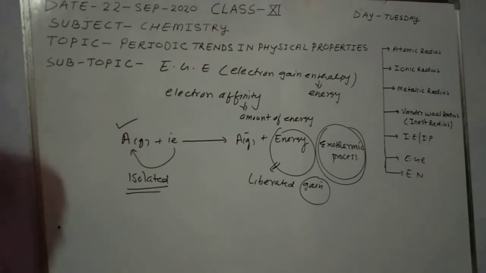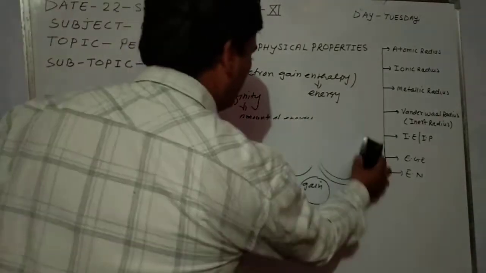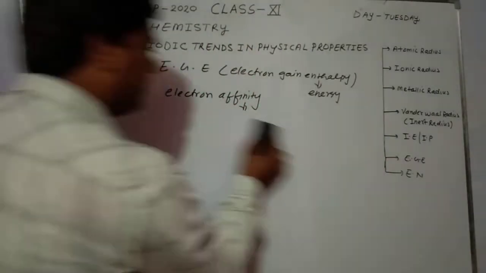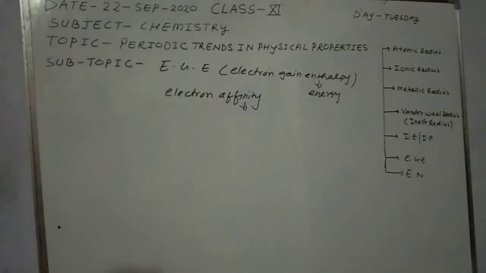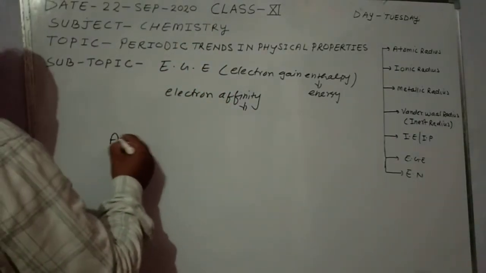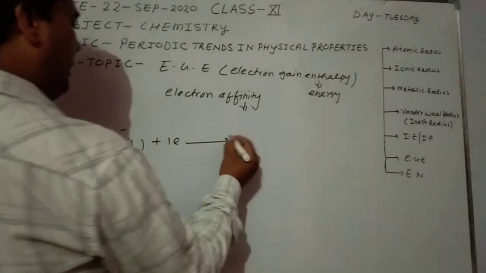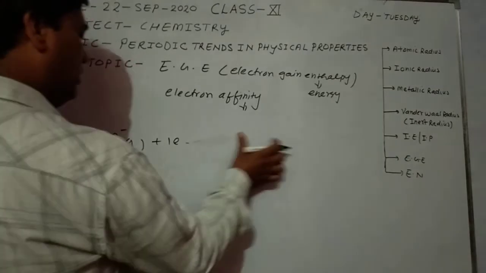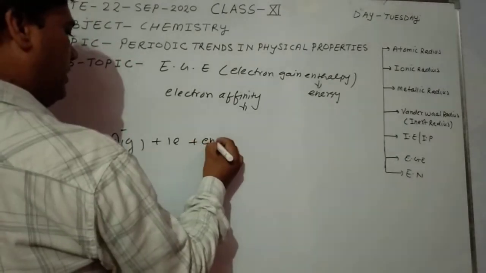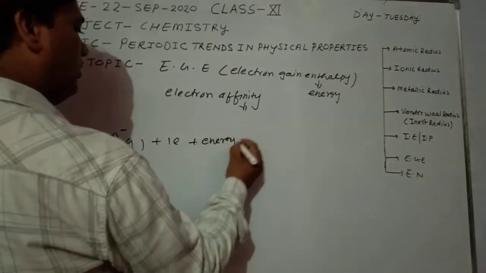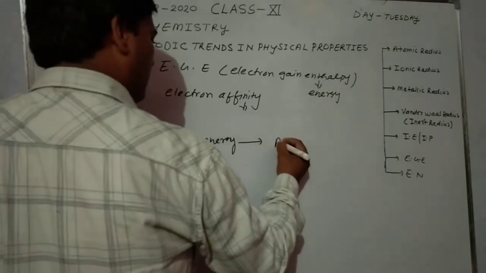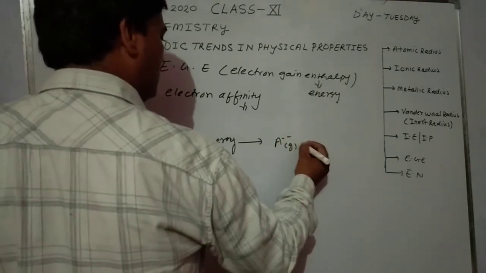Okay. Next, first electron gain enthalpy is exothermic, but when we add an electron to a negative ion, what will happen? It requires energy. A minus minus gas.